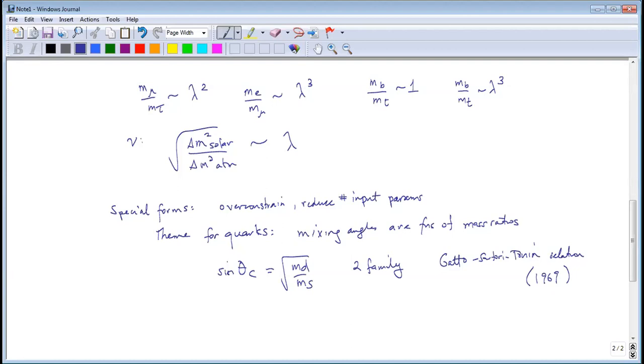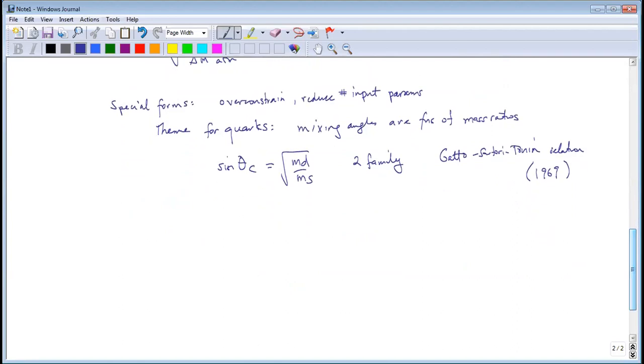Okay. So I'd like to begin by turning your attention to a very nice paper of Steven Weinberg from 1977. The paper is called The Problem of Mass.